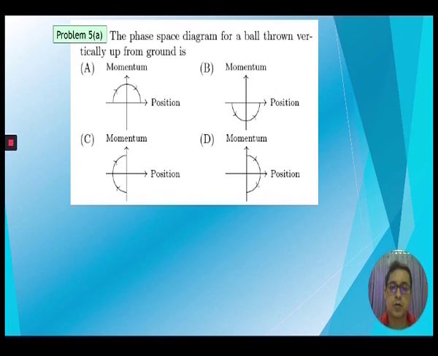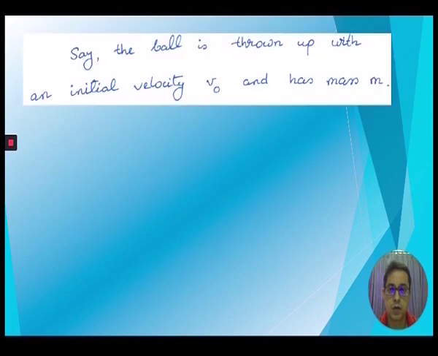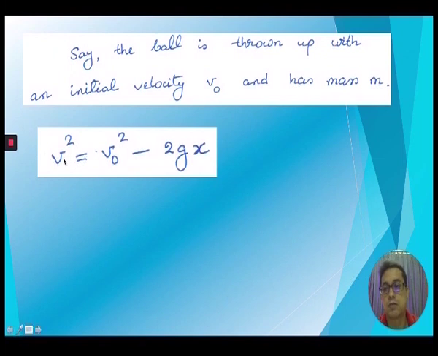So how to do it? What you have to do is use the kinematic equation that all of you know. Suppose the ball is thrown up with some velocity v0 and has a mass m. Then you know this equation, very trivially: v squared is equal to v0 squared minus 2gx, because it's thrown up.